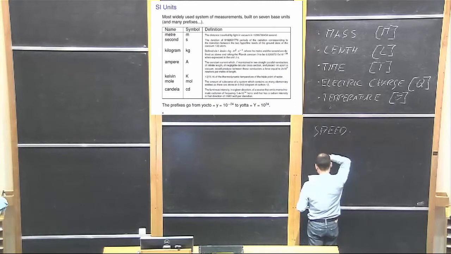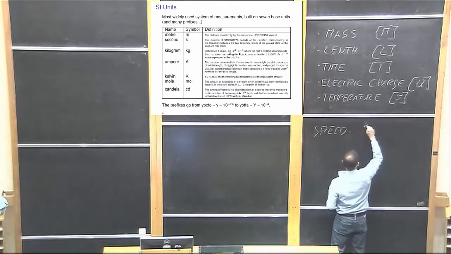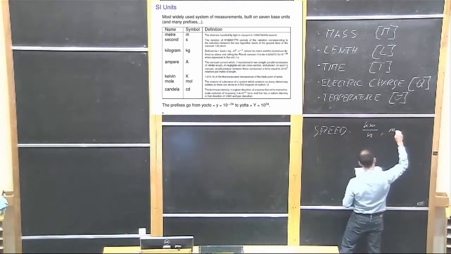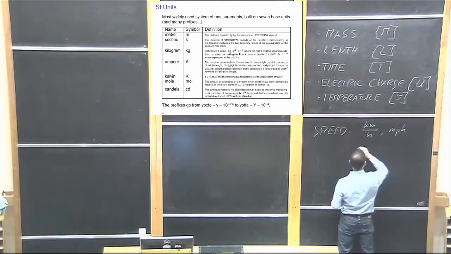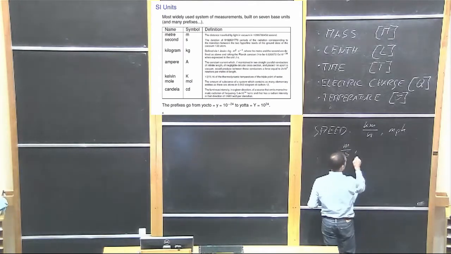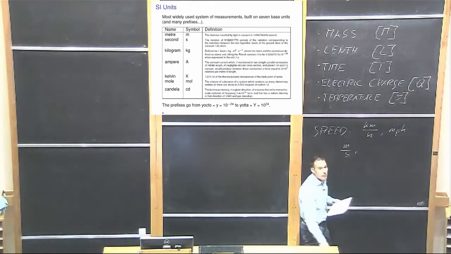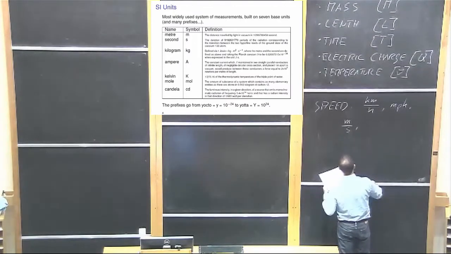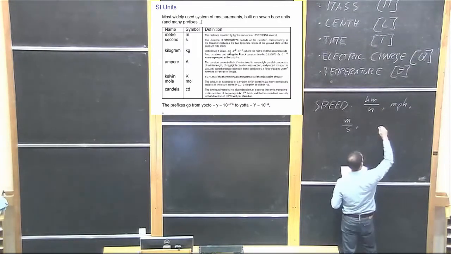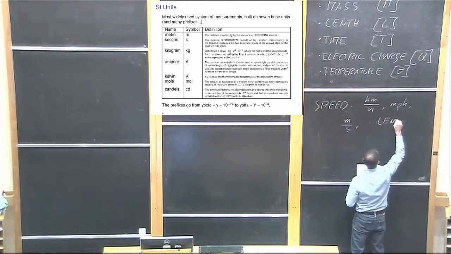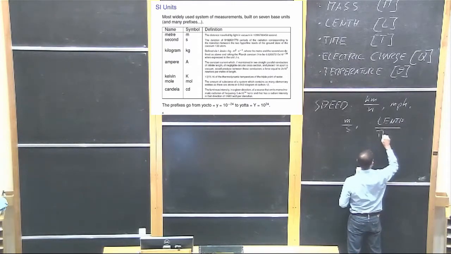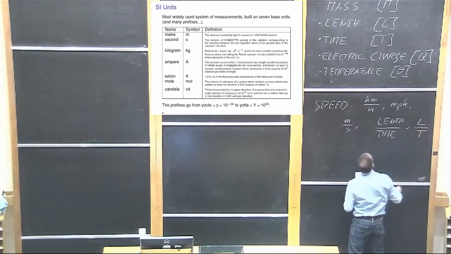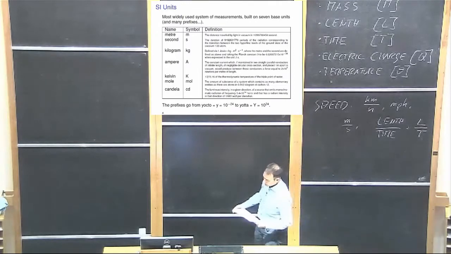That can be kilometer per hour, can be miles per hour, can be meter per second, and you probably can come up with many more units for that, but it's always length over time, or in short, what we've used before, the dimensions L over T.